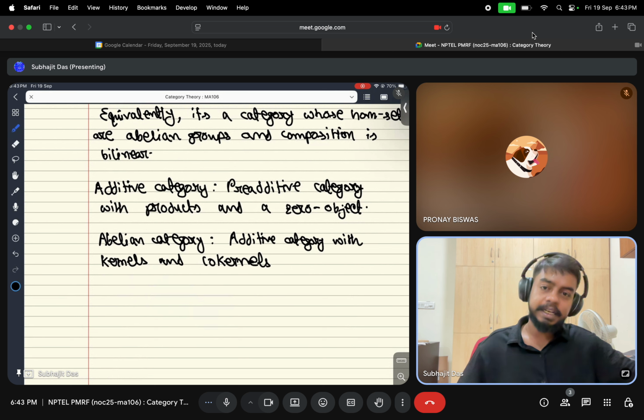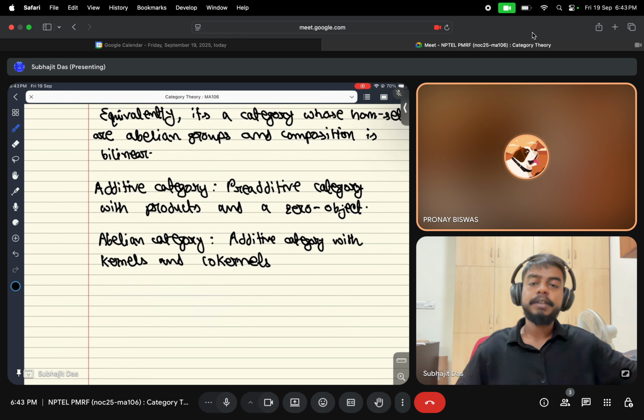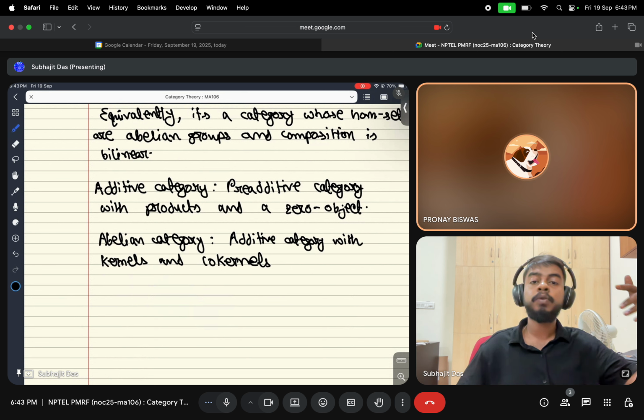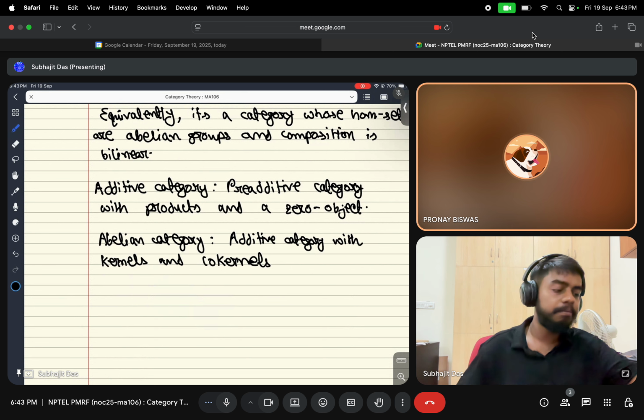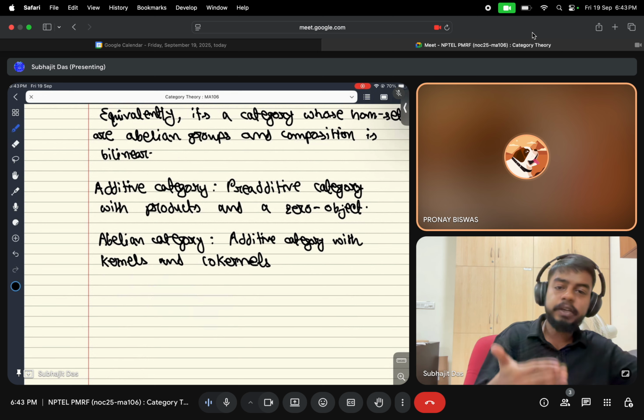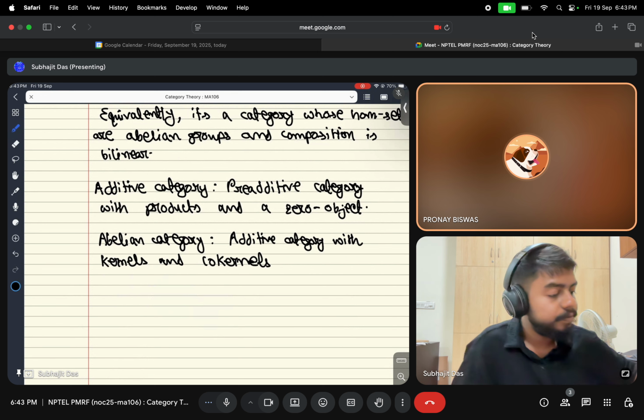And in addition, what is the dual thing, right? That each epimorphism should be a co-kernel of some map, or equivalently a co-equalizer of some parallel pair, or equivalently a regular epimorphism.